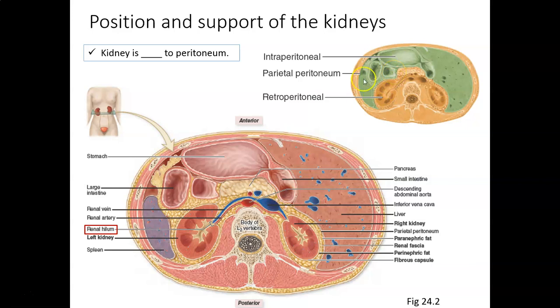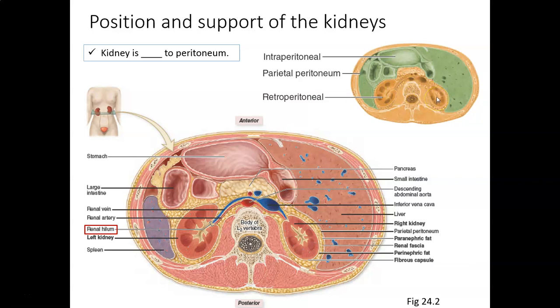So the green highlighted region here is considered intraperitoneal, within the peritoneal cavity. Any organ that's not in the peritoneal cavity is therefore considered retroperitoneal because it is posterior. This is the anterior side, right? So they are posterior to the peritoneum. And the kidney is retroperitoneal.